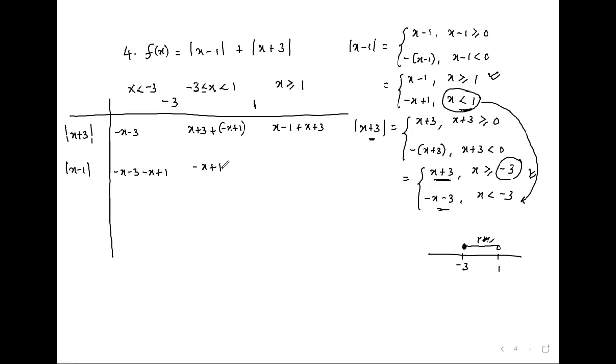And then down here, we want x bigger than minus 3, so we get plus x minus 3. And then the other one, when x is bigger than minus 1, I mean 1, it's also bigger than -3. Like that. Okay. So let's go to the first one.